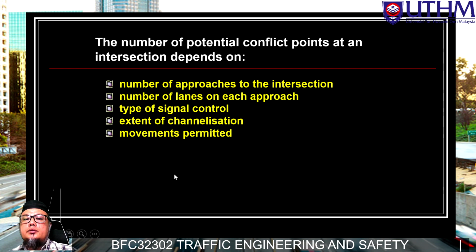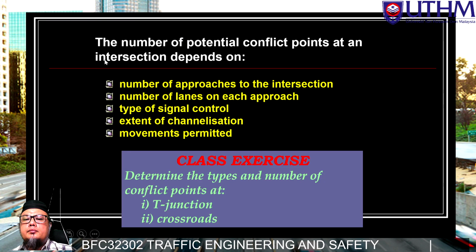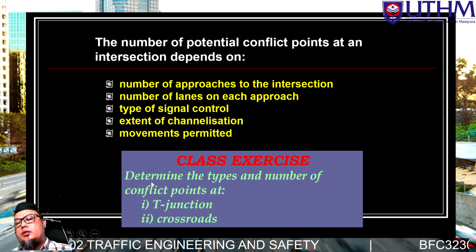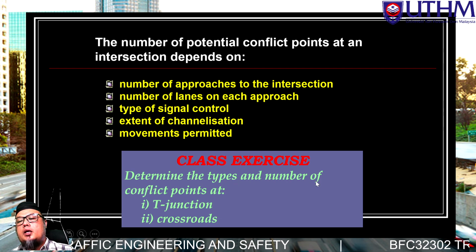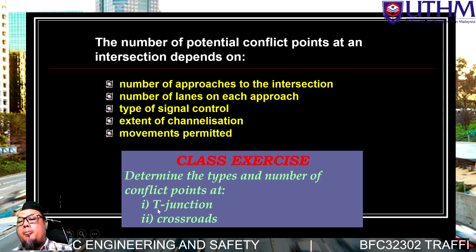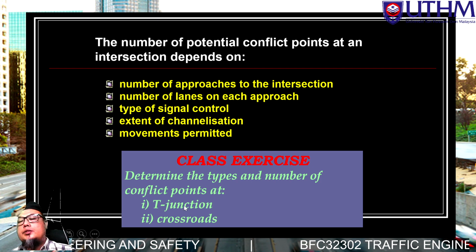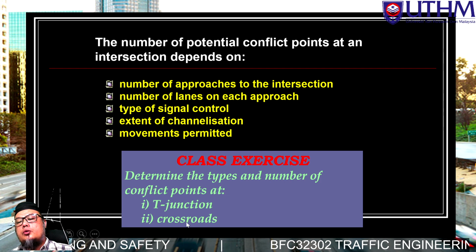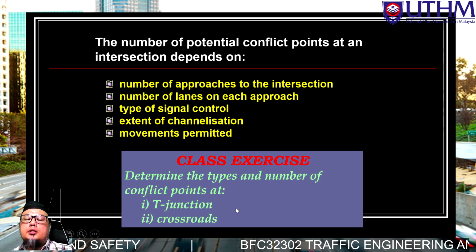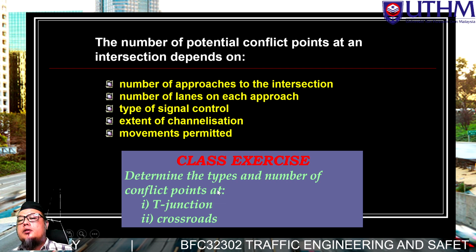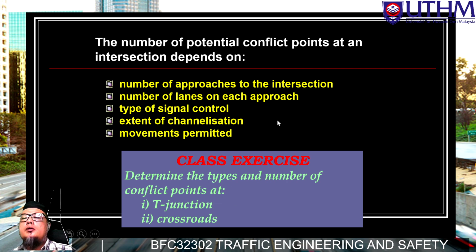Okay, next, just a simple class exercise. Determine the type and number of conflict points at these particular intersection types. First, T intersection and crossroad or cross intersection, like four-legged. After this, later we're going to discuss this in detail.